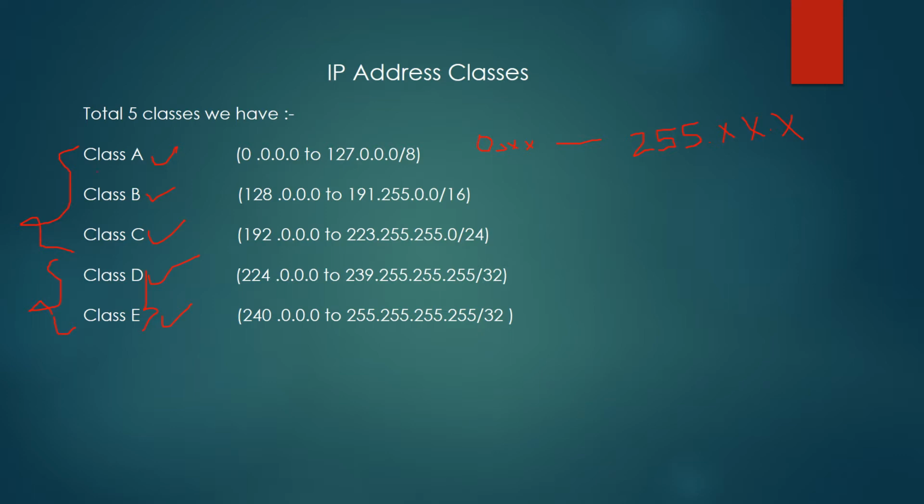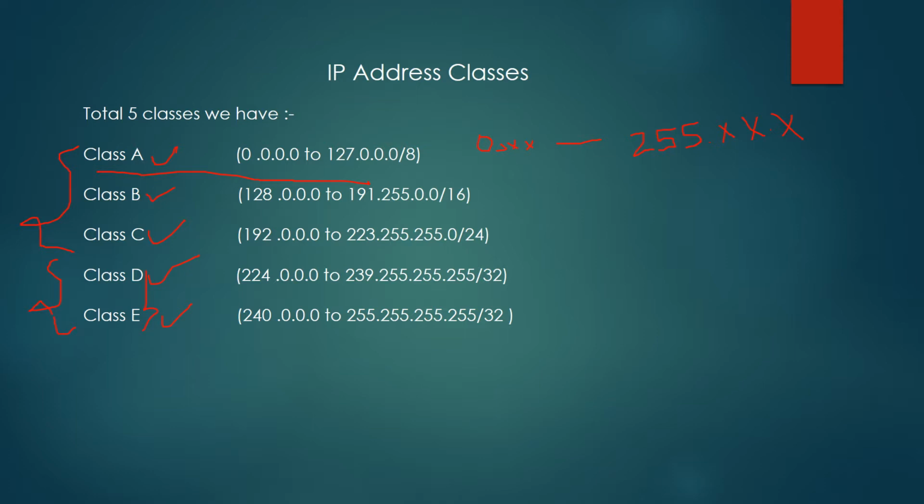In the class A series, we are going to have IP addresses from 0 to 127. It means from 0.0.0.0 to 127.255.255.255. This is going to be the last IP in the class A addresses. Similarly, the class B range starts from 128 and ends at 191.